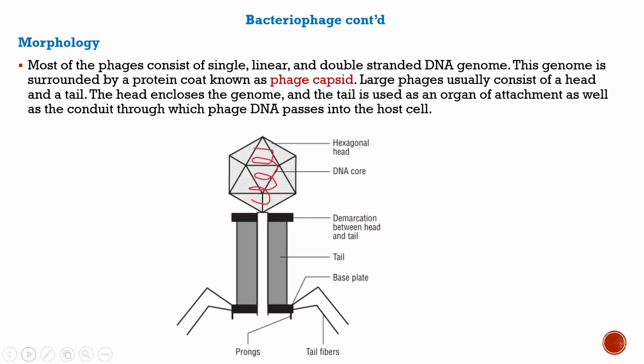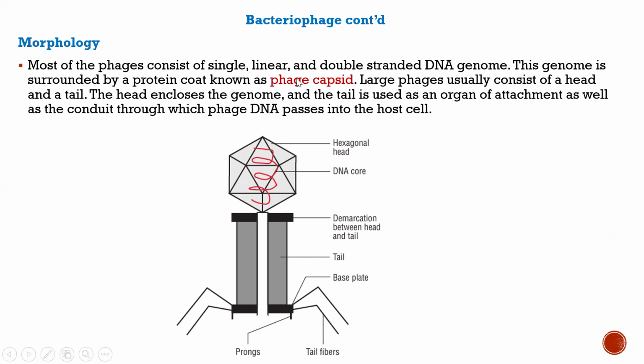So we have the morphology, like the structure of how this bacteriophage looks. So most of these phages, like I say, you can call it bacteriophage or you can call it phage, okay? They consist of a single linear, double-stranded DNA genome, and the genome is surrounded by a protein fold known as the phage capsid. If you were here when we treated the different viruses, we noticed that one of the core components of a virus is the capsid, the viral capsid, that helps to protect the genome, maybe RNA or DNA.